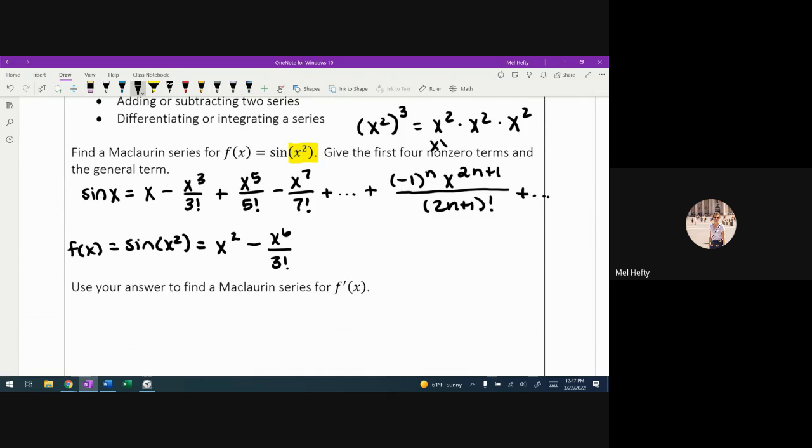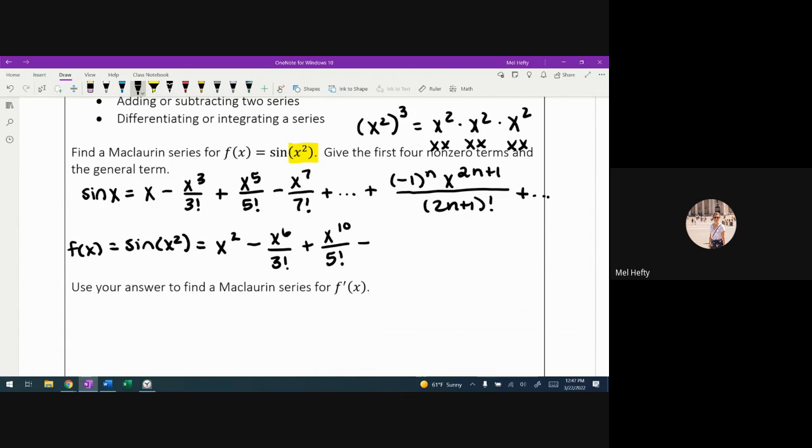That's how we do it in Algebra 1. All right. What's the next term going to look like? So x squared to the 5th is x to the 10th over 5 factorial.